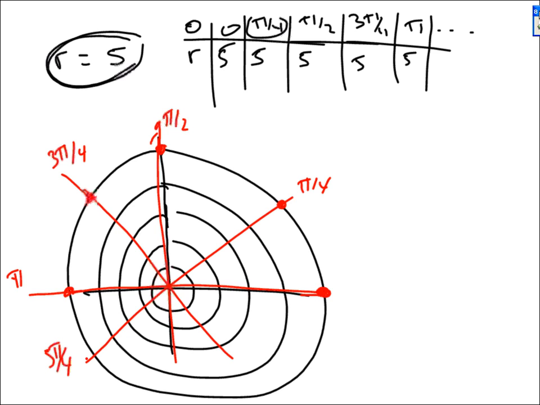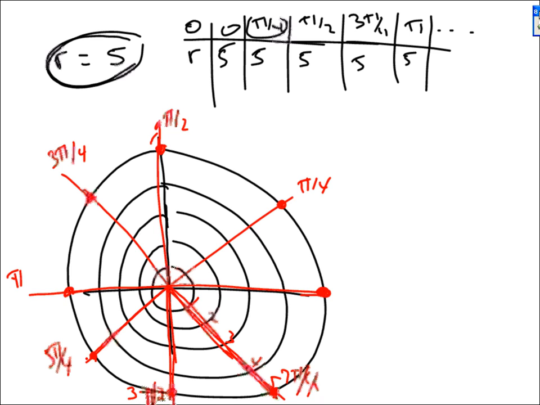5 pi over 4, you go along this line a length of 5. When the angle is 3 pi over 2, you go out 5 units. When it is 7 pi over 4, you go out 5, along this line: 1, 2, 3, 4, 5.